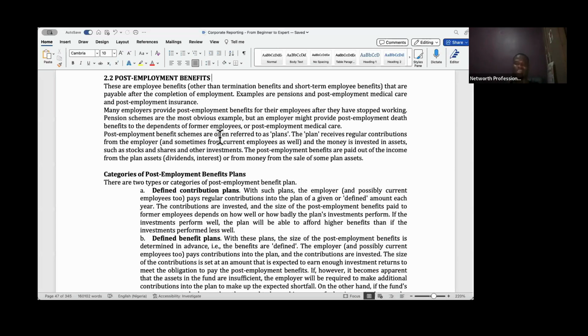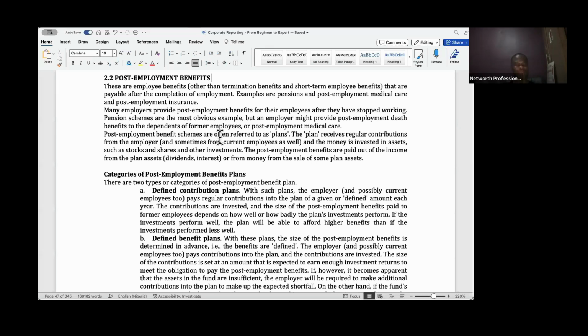If the employer is also exposed to certain risk, typically an investment risk, then it becomes a defined benefit plan, in the sense that yes, they will still make contribution, but if the contribution they are making is not sufficient to pay the pension of the employee when they retire, and the employee can come back to the employer and say that the money you contributed is not enough, I will need more, then that means it is a defined benefit plan.